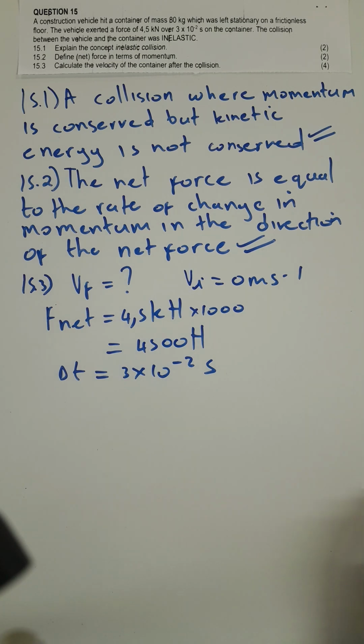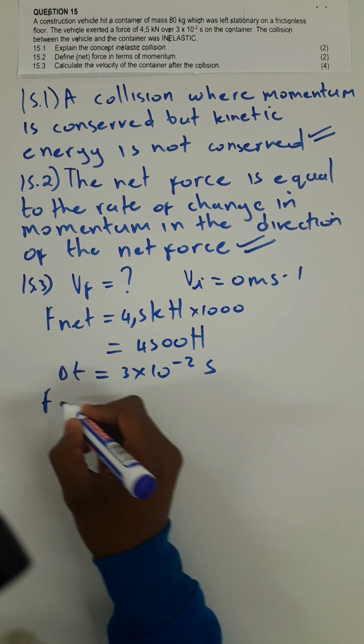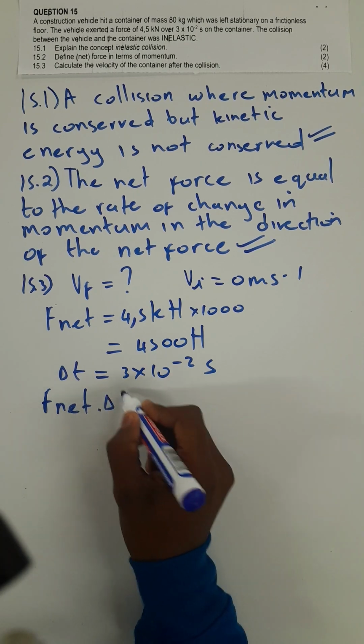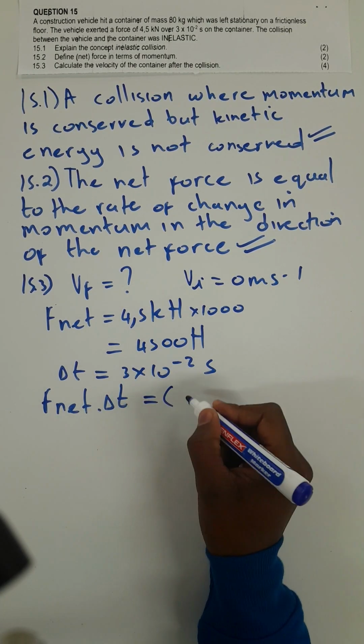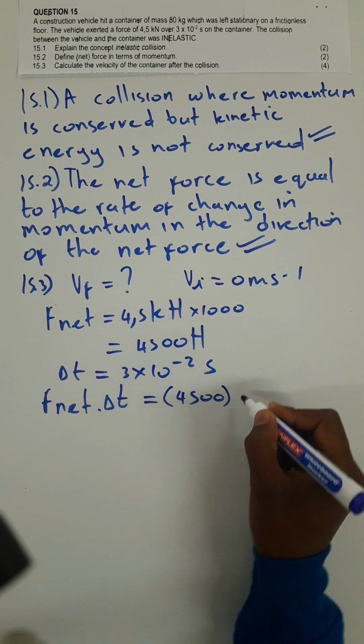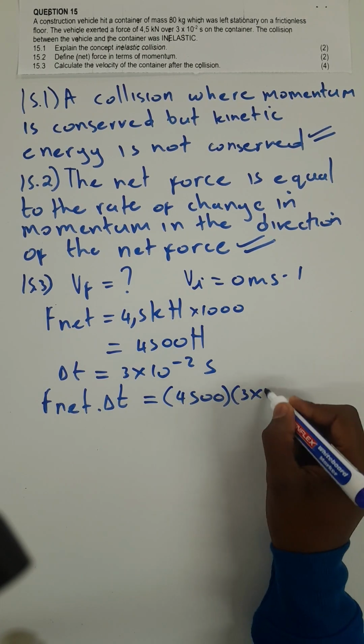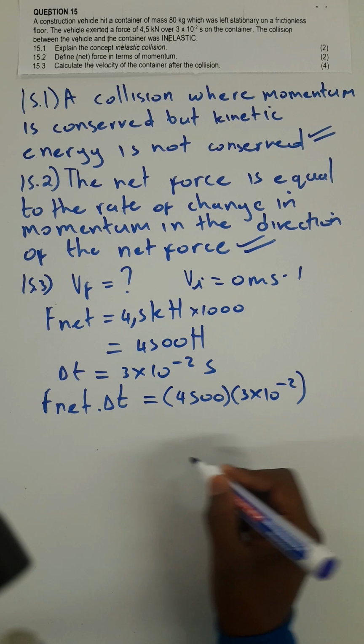So we say that the product of a net force and the time, the impulse, which is equal to change in momentum, will be equal to a force of 4,500 multiplied by a time of 3 times 10 to the power of negative 2.